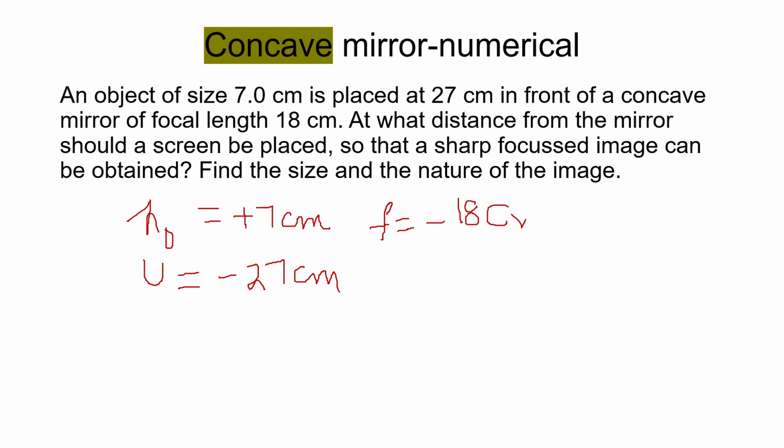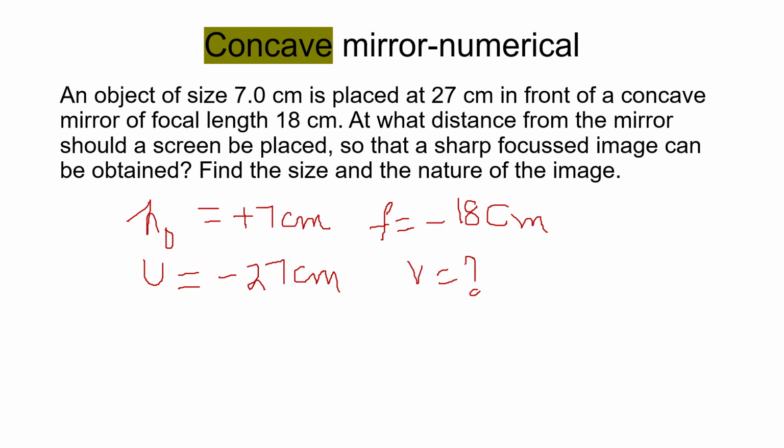Now, I'm not going to solve the numerical right now. First of all, I'll see what answer I will get for V, what will be the nature and what will be the height of the image. So now just proceed further. At what distance from the mirror should a screen be placed? So this will be your V. So V is a question mark, so that a sharp focused image can be obtained.